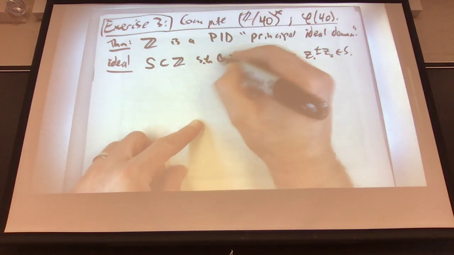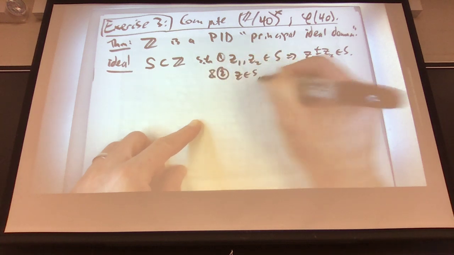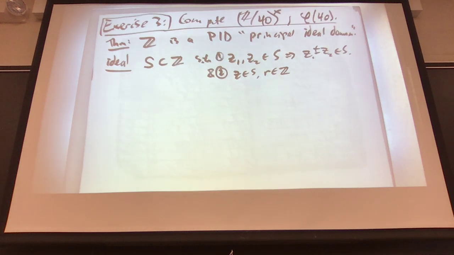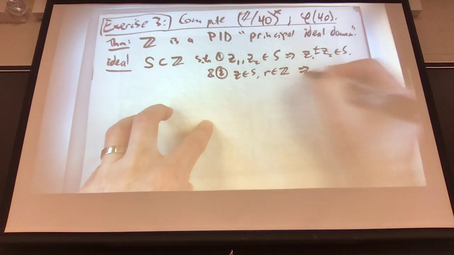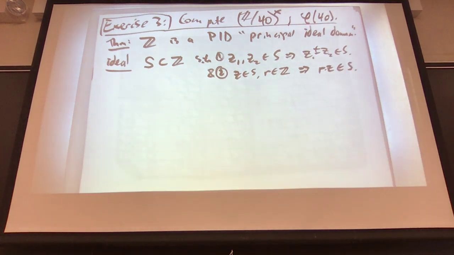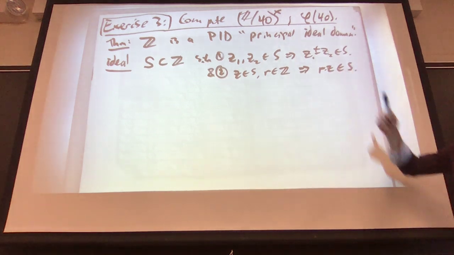And if Z is in S and R is in the original, ambient ring, then Z times R is in S. So every integer multiple of something in S is also itself in S.